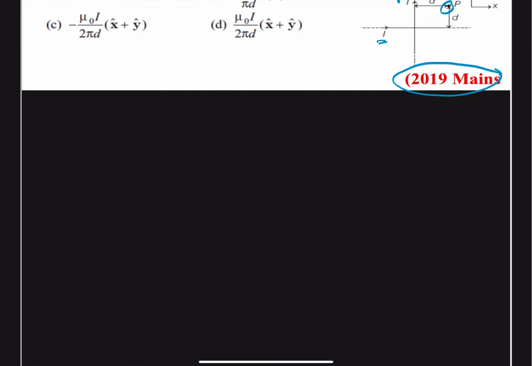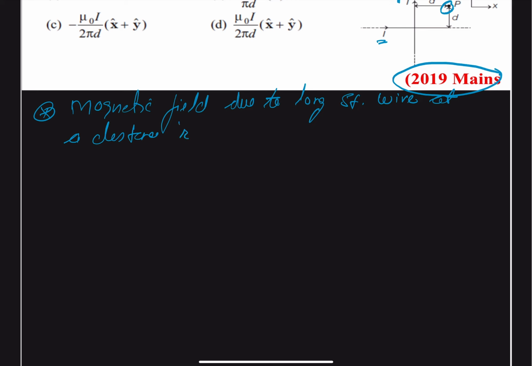So we can write that magnetic field due to long straight wire at a distance r, that is our B, and it is given as mu naught I upon 2 pi r.